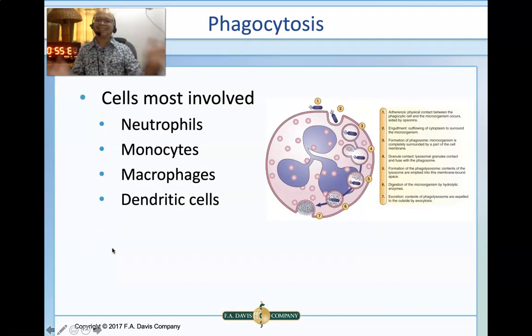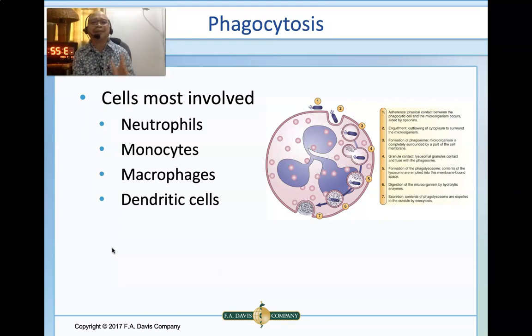Okay, so moving on, let's talk about phagocytosis. So, phagocytosis involves neutrophils. So remember that the most important cell in phagocytosis is the neutrophil, and then followed by monocytes, macrophages, and dendritic cells. Okay. So, in phagocytosis, first of all, the first step is adherence.